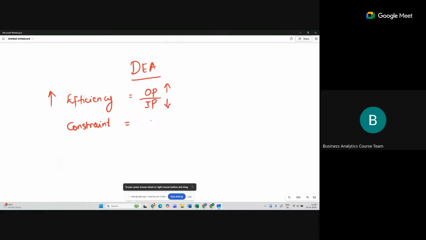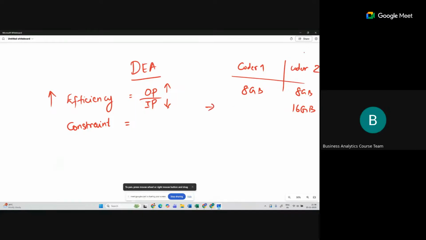We don't worry about the technology. For example, let's say two people are coding, coder 1 and coder 2. We want to see who is more efficient. There are many ways to be efficient. Let's say this guy is using 8 GB RAM and this guy is also using 8 GB RAM, and all of a sudden you upgrade this to 16 GB. So what is happening here?